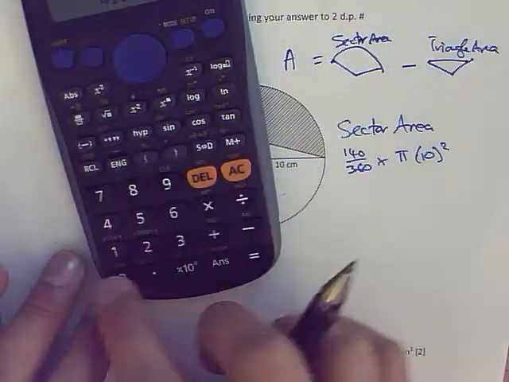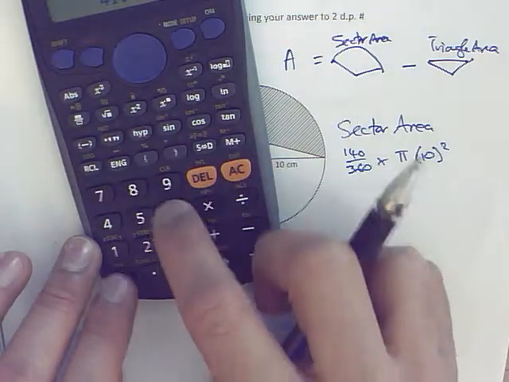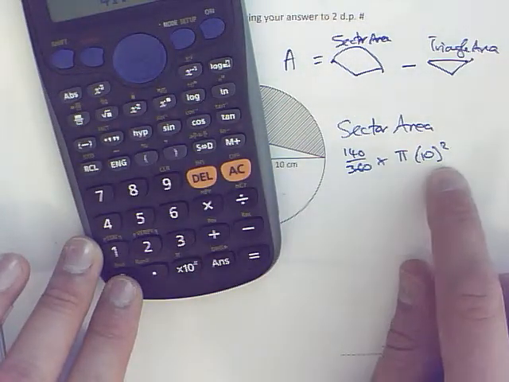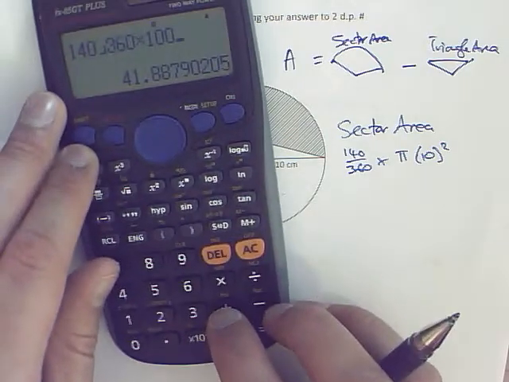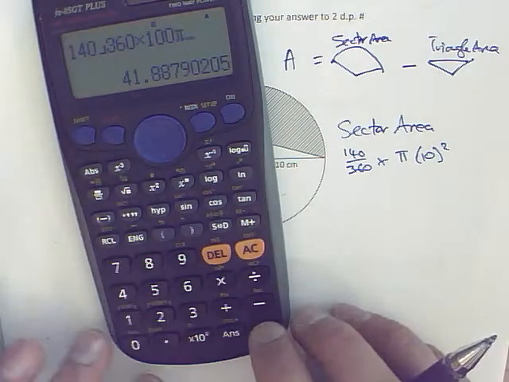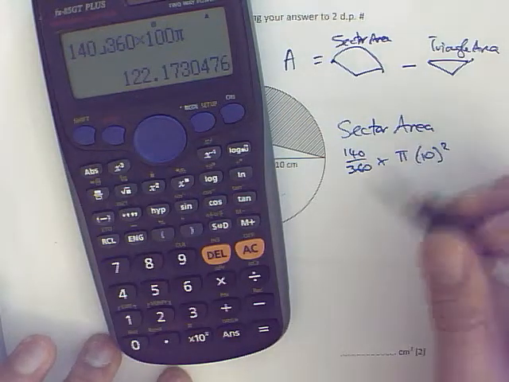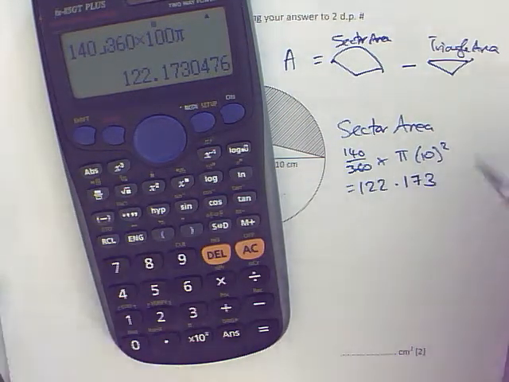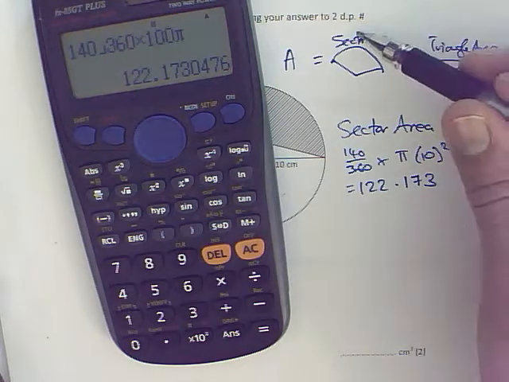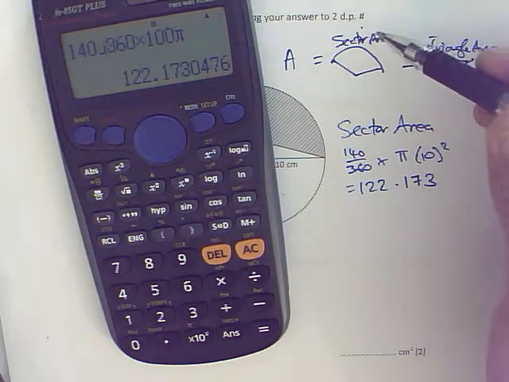It's the fraction of 360 of pi r squared, so it's 140/360ths of pi r squared. R is 10, so we do 140 over 360 times pi times 10 squared, which is 100 pi. Sorry, it's off screen again, isn't it?